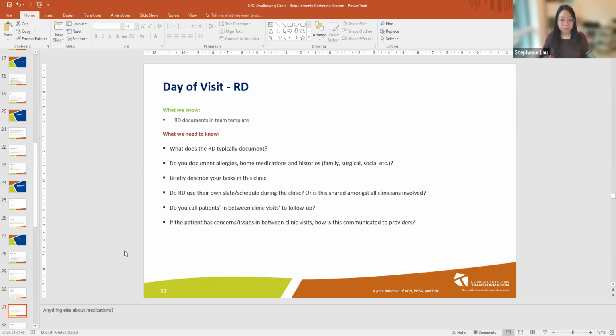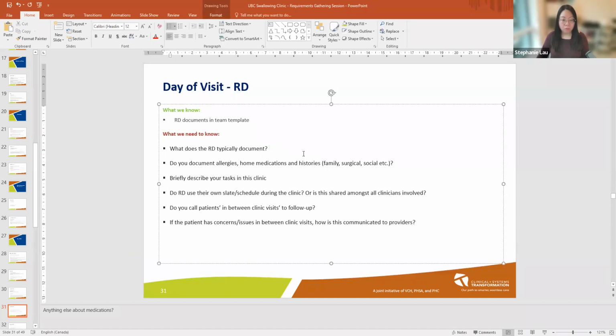All right, in terms of the dietitian, do you document anything else outside of the team template? That's pretty much it, other than if there are any significant medications that they're taking, then I may add that on.